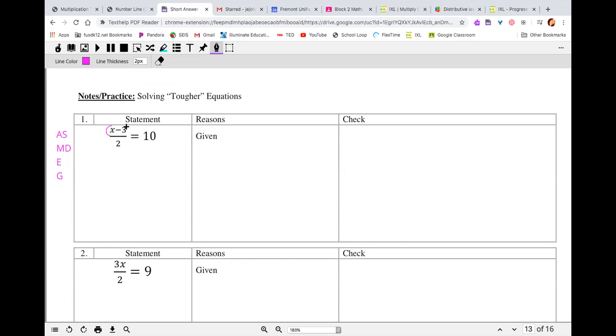I can put a little grouping symbol on here for now because it's like an invisible group, because x minus 3 are both in the numerator. So if I put these parentheses up here, is the minus 3 now going to be at the top or at the bottom with the group? Because this is both in the numerator.